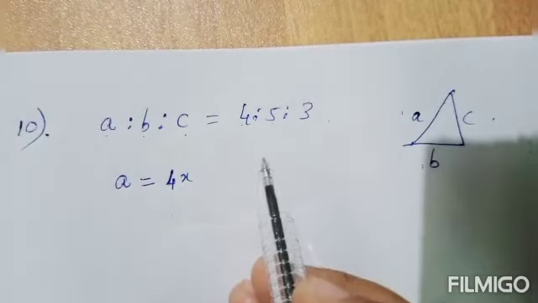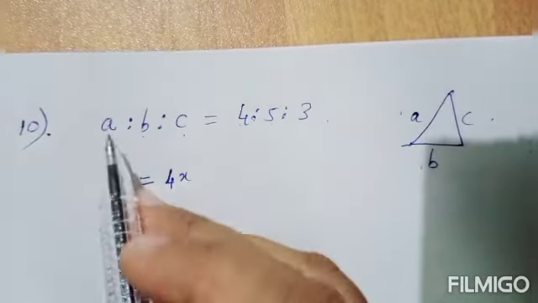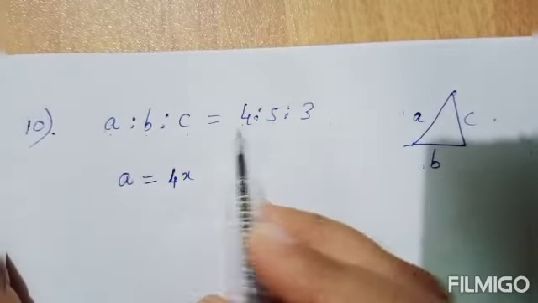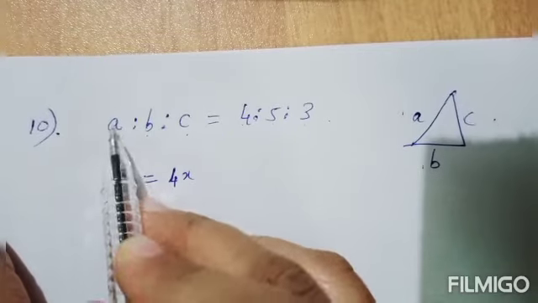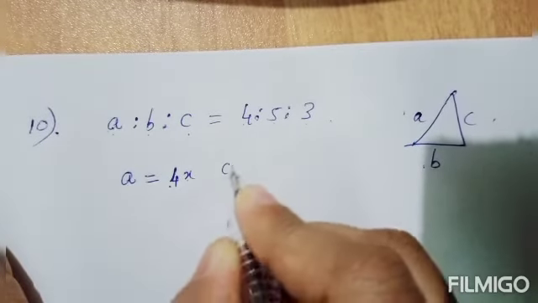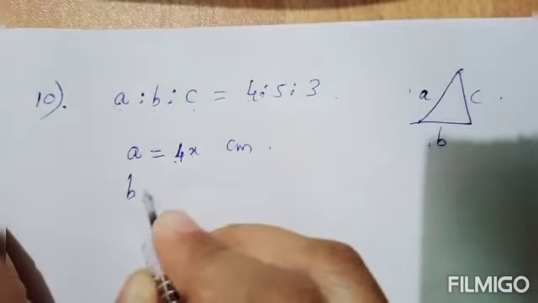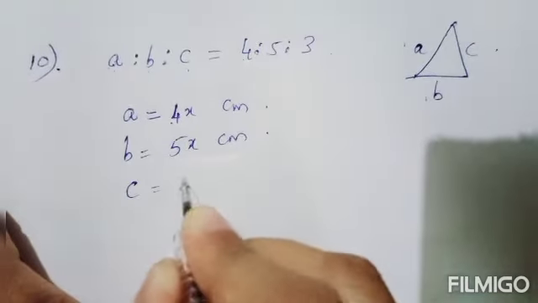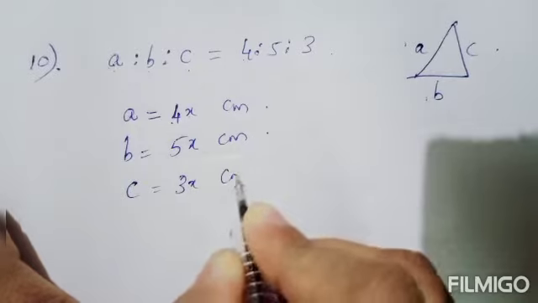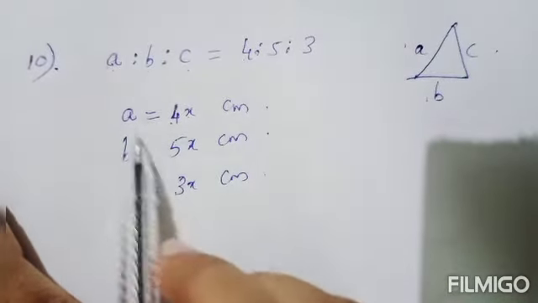So the first length A will be 4x centimeter, B will be 5x centimeter and C will be 3x centimeter. In this way we can write.